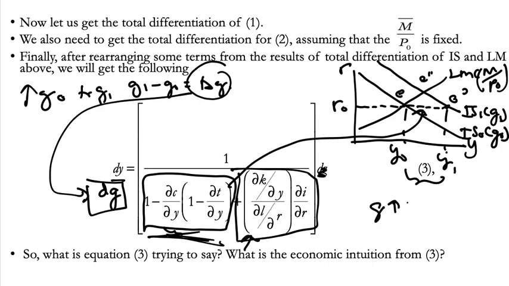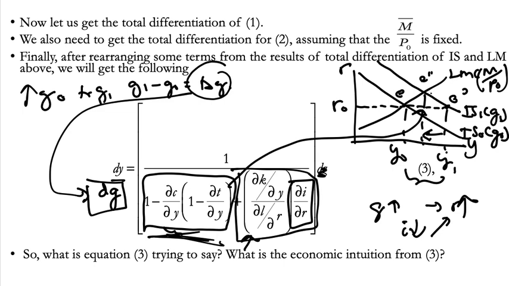Because government spending increases, it needs borrowing, and the cost of borrowing is interest rate, so interest rate will adjust. And because private investors also invest, and the cost of borrowing is also interest rate, and you remember the relationship between investment and interest rate is negative. So when interest rate increases, investment decreases. That's why you can see when interest rate increases, investment decreases, and output has to decrease by this bit.